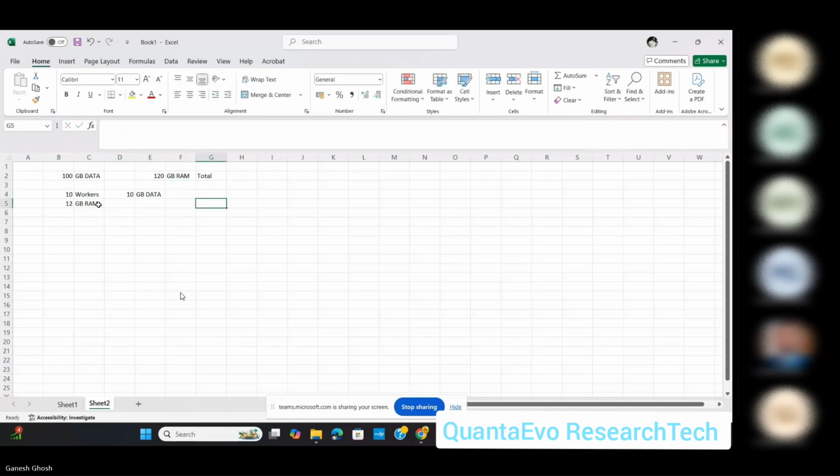If I divide this 100 GB of data among 10 workers, each has 10 GB of data, right? Each has a capacity of 12 GB of RAM. Now it can easily process the 100 GB of data.